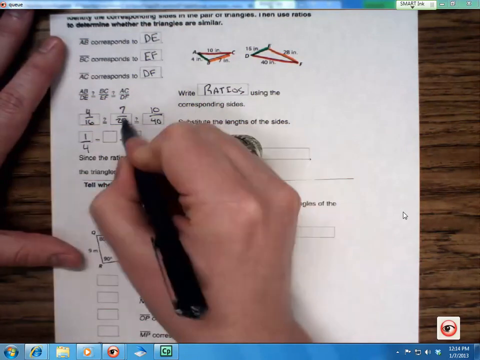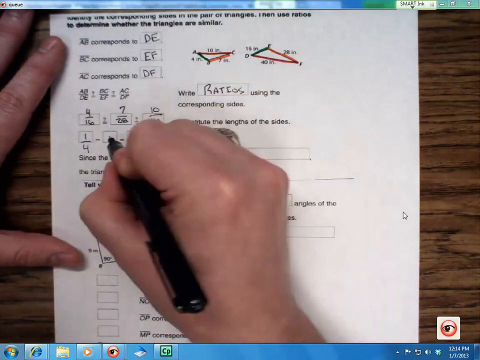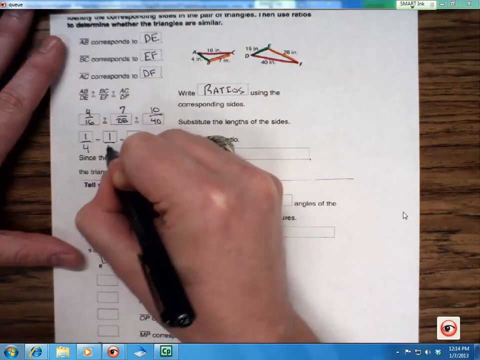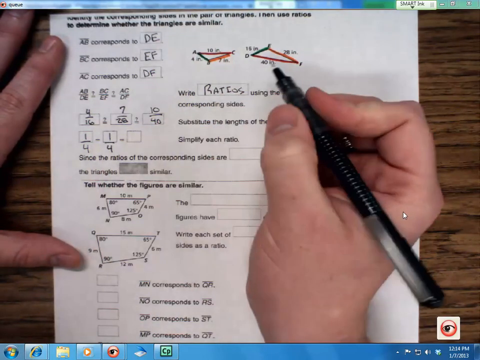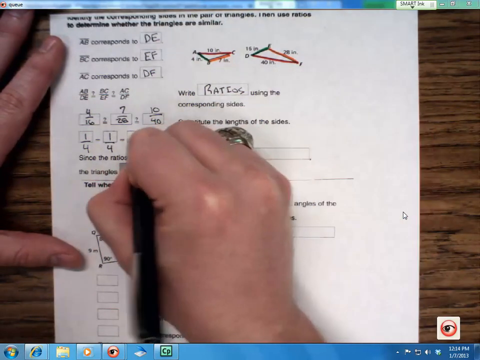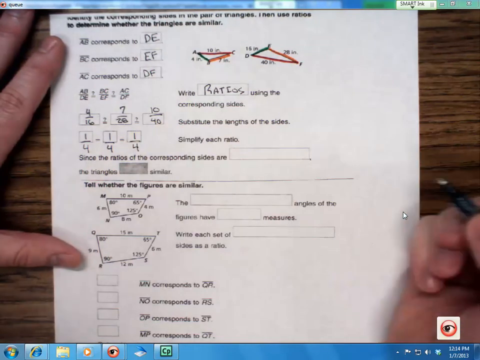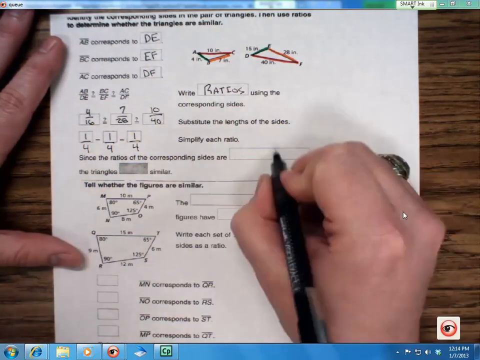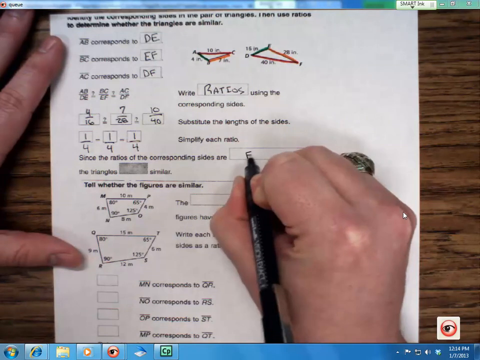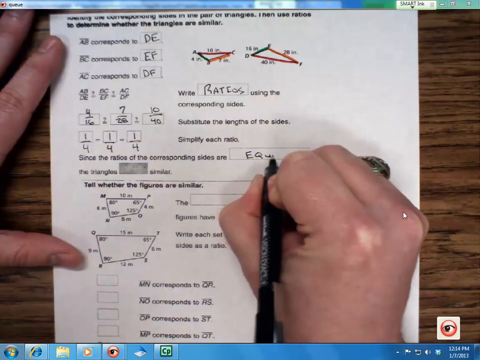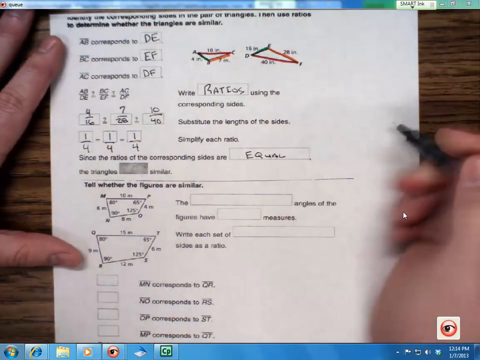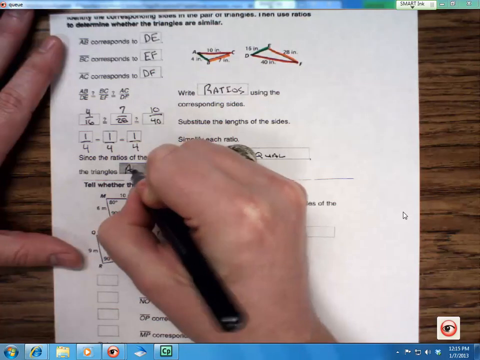What about 7/28? Yeah, 1/4, 7 goes into both of those. And finally, 10 over 40, 1/4. Those all equal each other, and since the ratios of the corresponding sides are equal, the triangles are similar.